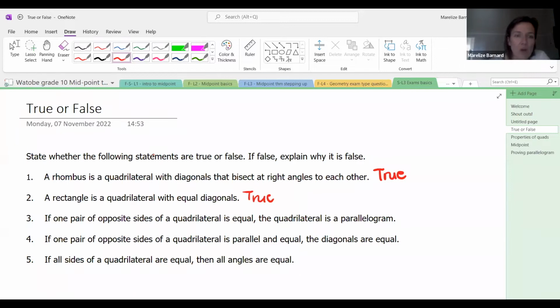If one pair of opposite sides of a quadrilateral is equal, the quadrilateral is a parallelogram. Is that true or false? One pair of opposite sides. True or false for number 3?